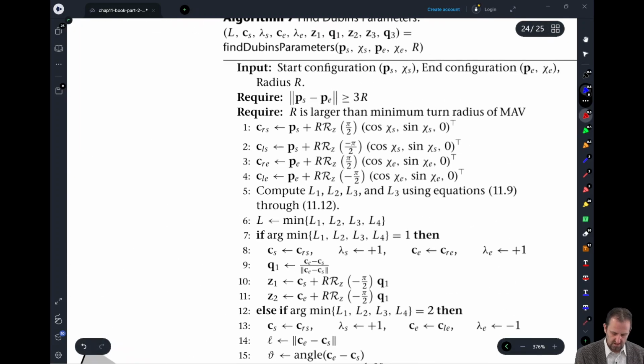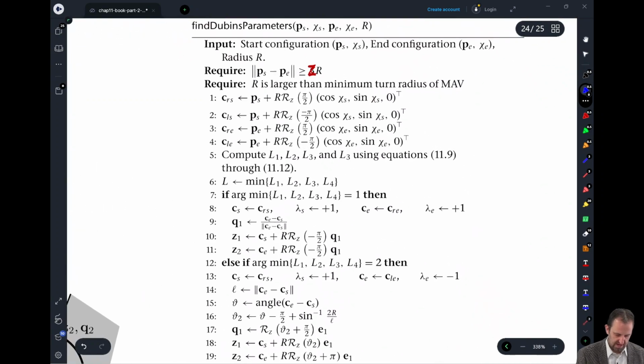So right here, they had made sure that the length between the starting and ending points was greater than 2r, or realistically greater than 3r. Realistically, we can do a 2r and we'll be just fine. Okay, so this first portion of the algorithm is we're just calculating our centers.